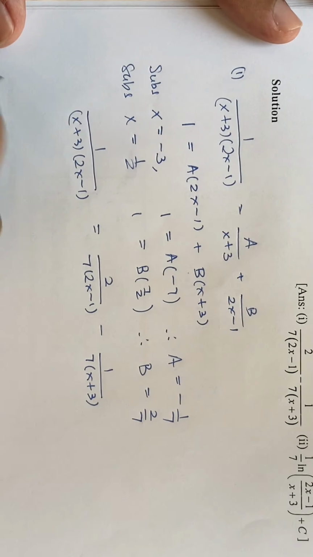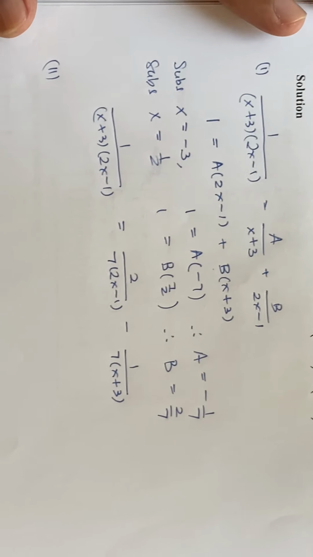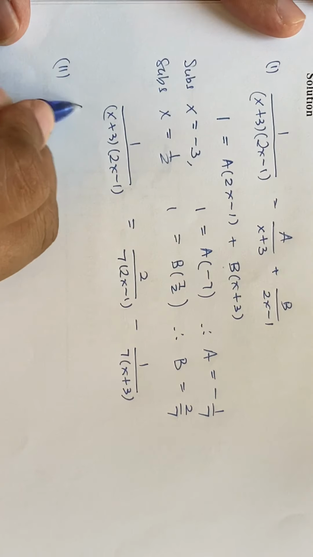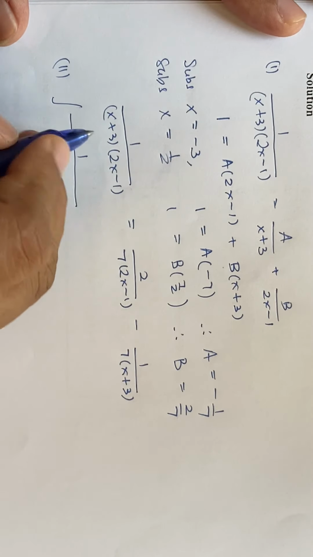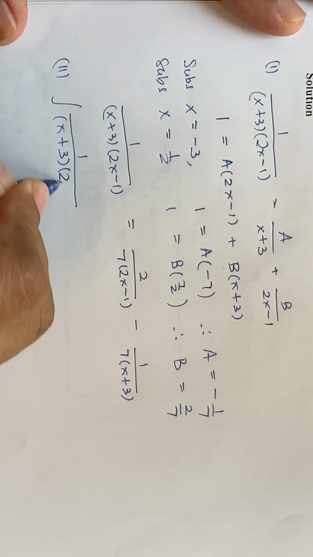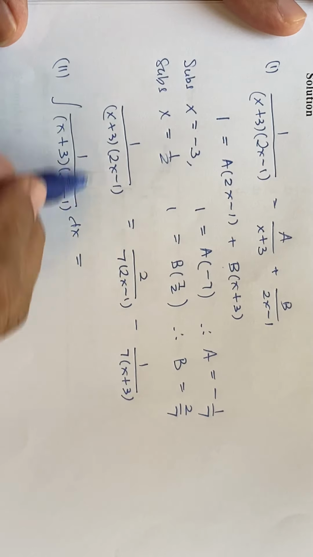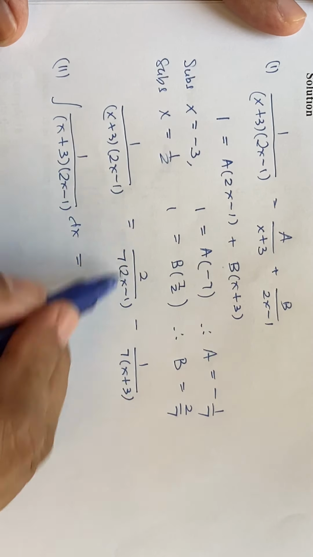Therefore, hence, I'm going to use the result that I get for part 1 to integrate this. The integral of this we can't do immediately. We actually have to substitute this with this.